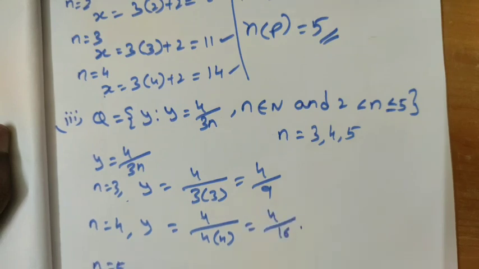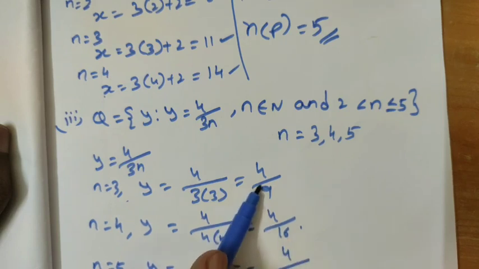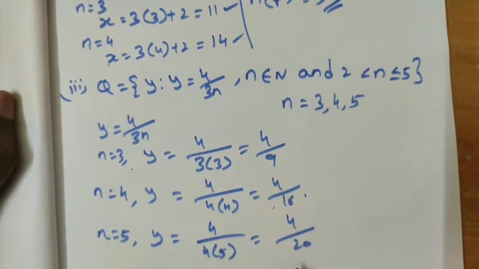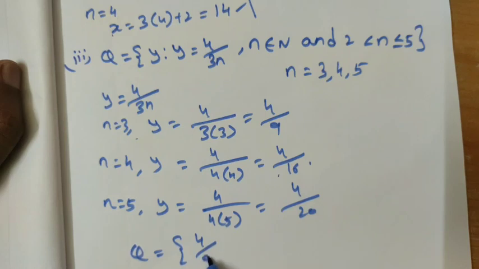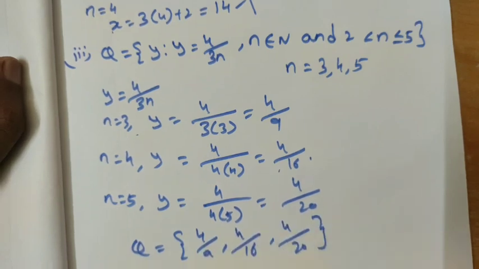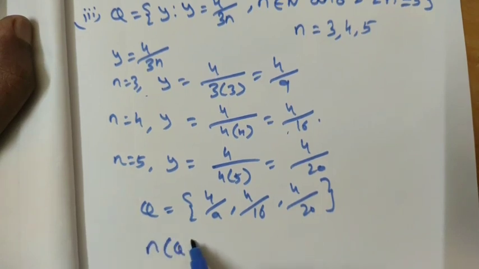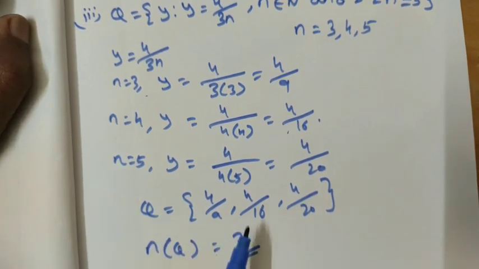Then n is equal to 5, y is equal to 4 divided by 4 into 5, which is 4 by 20. How many elements do we have in Q? Only 3 elements. Then Q is equal to the set of 4 by 9, 4 by 16, 4 by 20. So, n of Q is equal to only 3 elements, right?